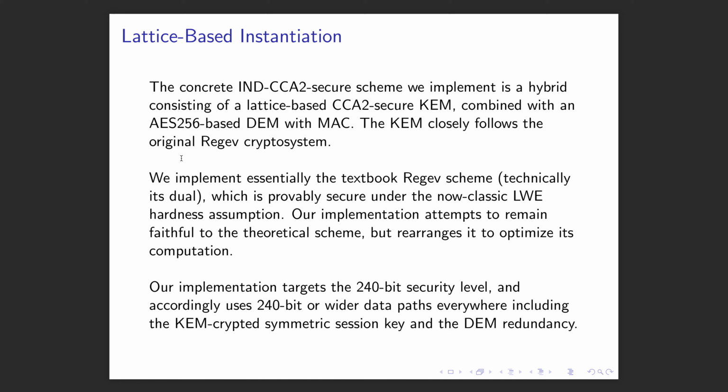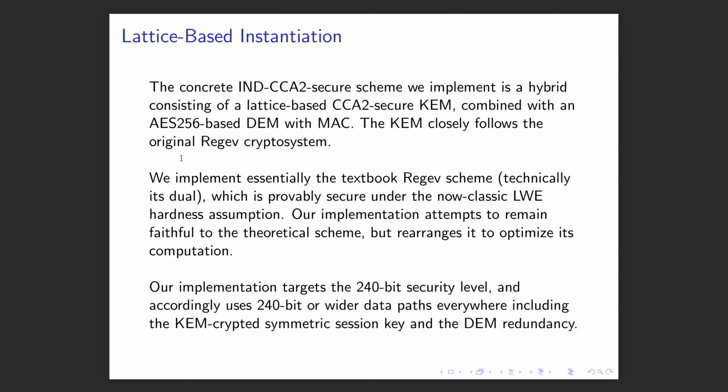So, a lattice-based instantiation. We're using a concrete IND-CCA2 secure scheme, which we implemented. It's a hybrid of a lattice-based CCA2 KEM with an AES-based DEM with MAC. The key encapsulation mechanism closely follows the original Regev cryptosystem. We implement essentially textbook Regev. Technically it's dual, but it's okay.